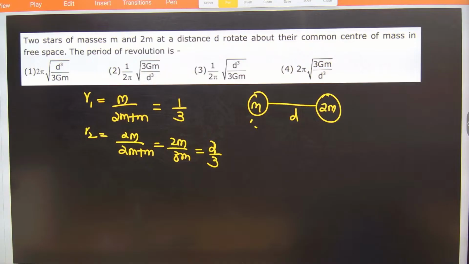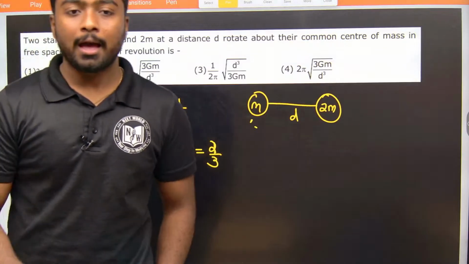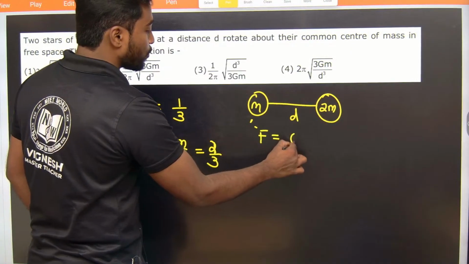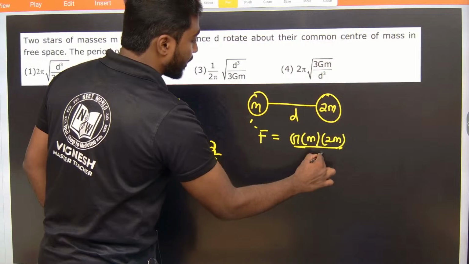So what is the formula I should use? G m1 m2 by r square. So here F is equal to G m into 2m by d square.